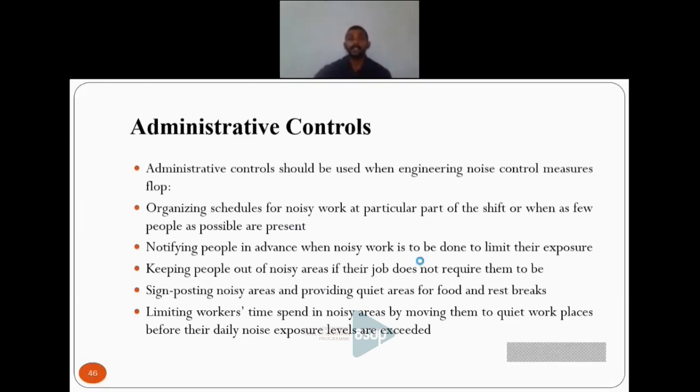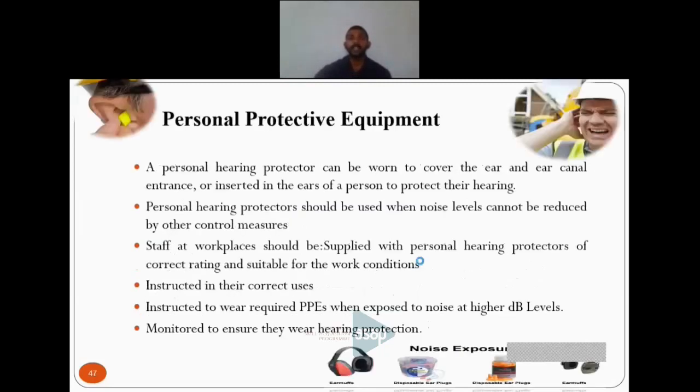And next is personal protective equipment. Personal protective equipment means that while they are entering the noise exposed area, we are using ear muffs or ear plugs, or alternative ways, giving personal protective equipment to them, so that it will protect them from exposure to noise.